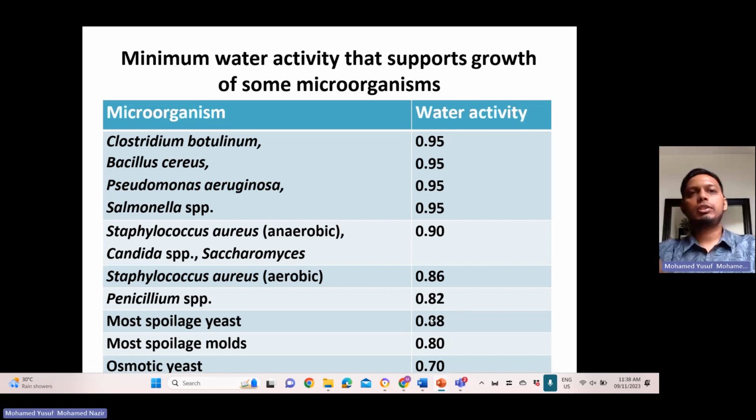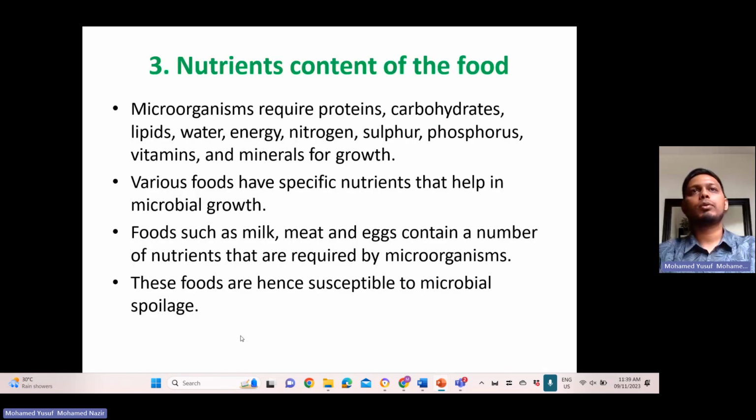But most yeast and mold can grow at a lower water activity. So that's why if you notice in most dried products, if there's any contamination that happens, it is normally caused by the yeast and mold.